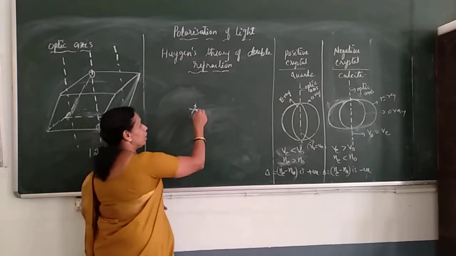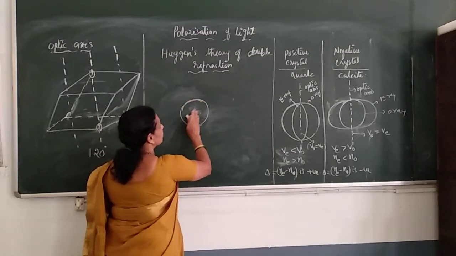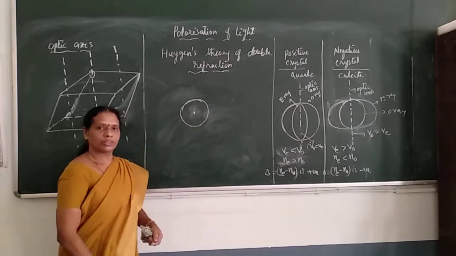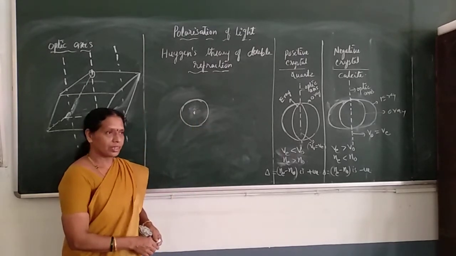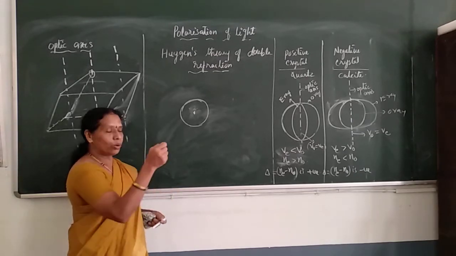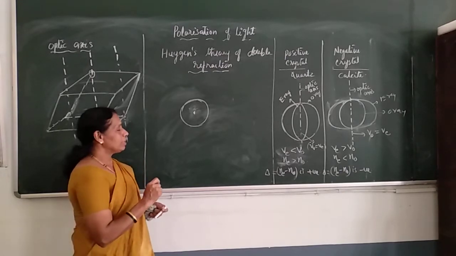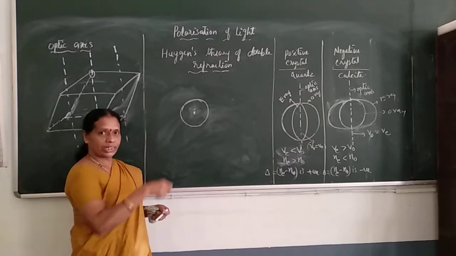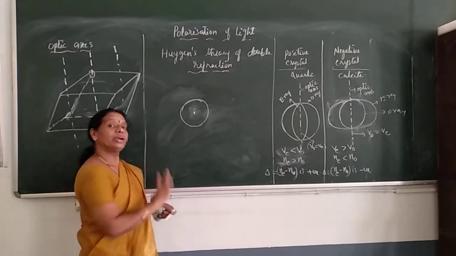So the locus of all the points vibrating in the same phase is a sphere, which is nothing but a spherical wavefront. Thus, in an isotropic crystal medium, the wavefront is spherical in shape because the speed of light is the same in all directions. We find only a spherical wavefront, so there is no double refraction.